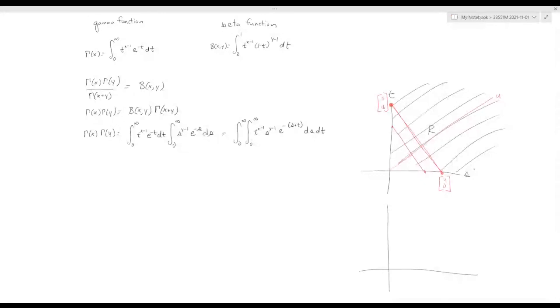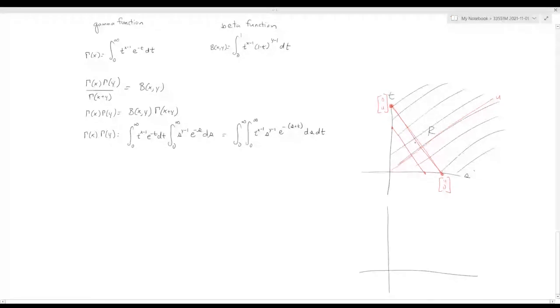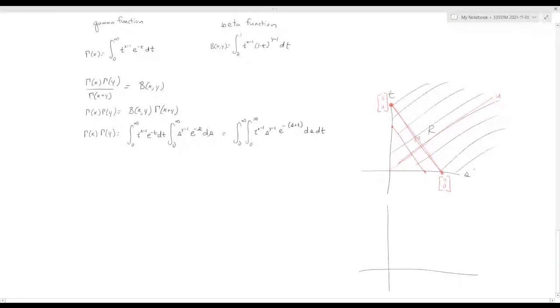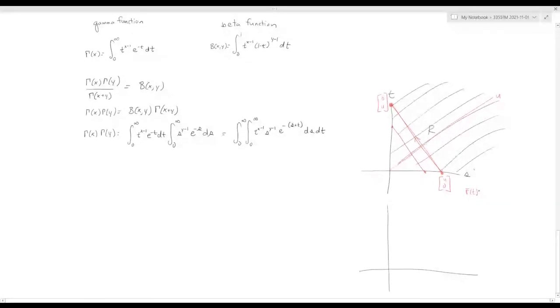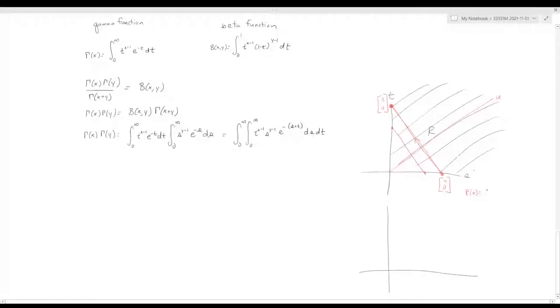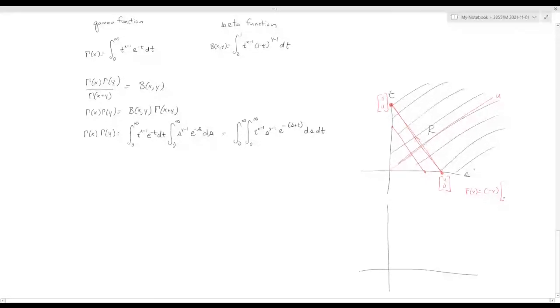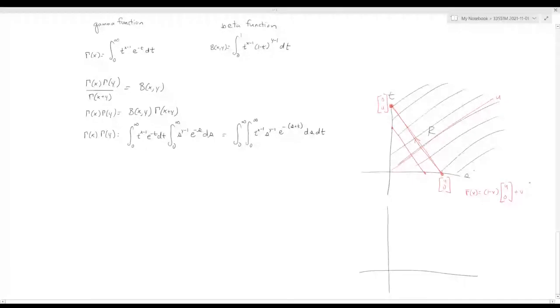Okay, and then we're going to parameterize this by saying R of v. Just parameterizing the line segment. So 1 minus v times the starting point plus v times the terminal point.